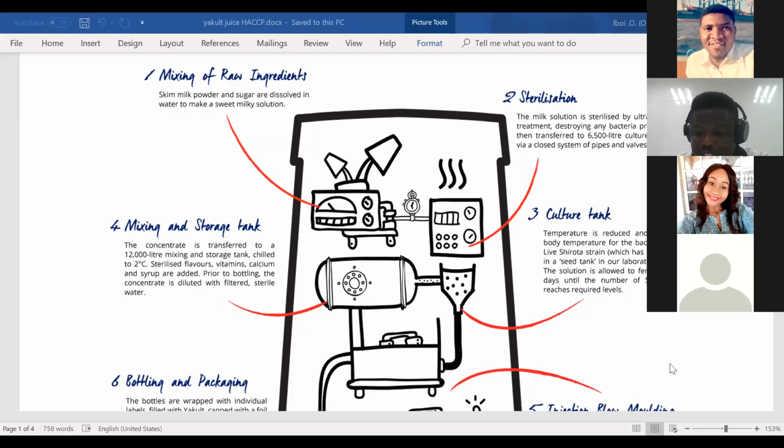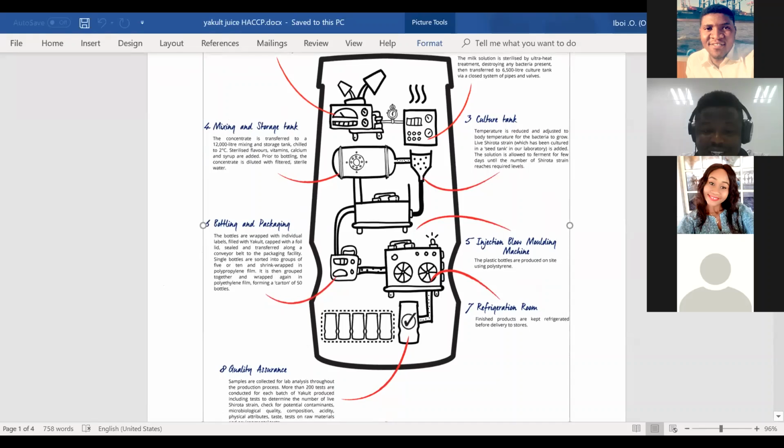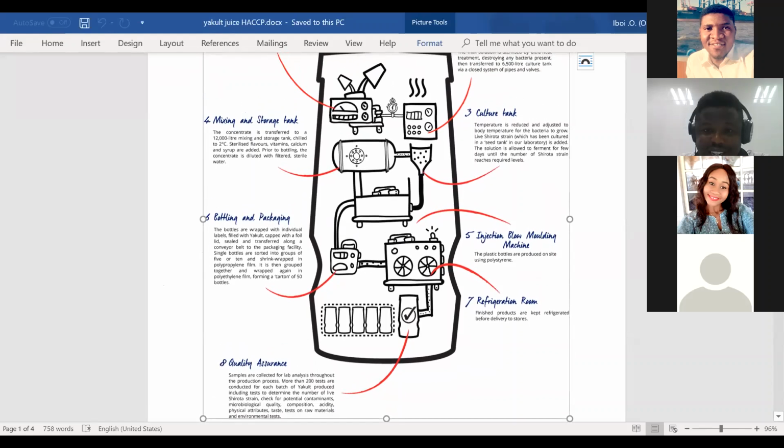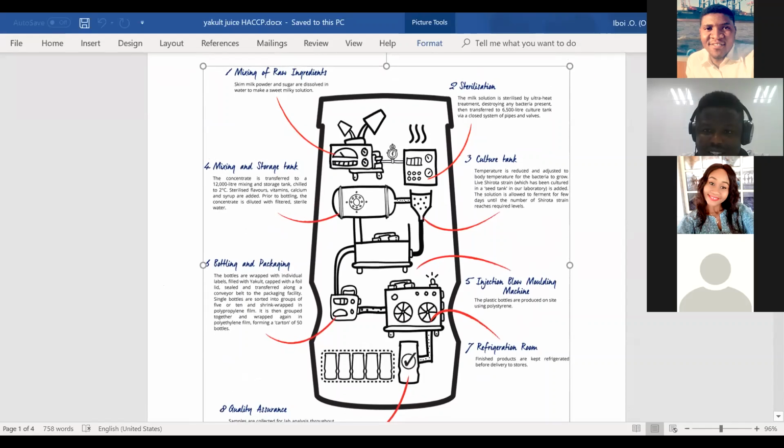So maybe I should minimize. I don't know if you have. Yeah, that's what I wanted to ask you to do. You need to minimize for us to see everywhere, because we can't see all the sections. So the last section is the QA. Take it up a little.